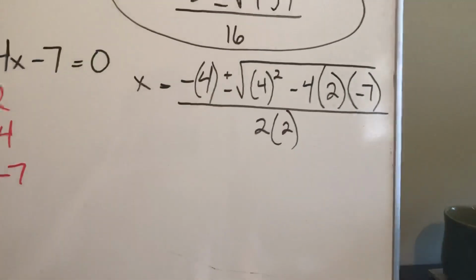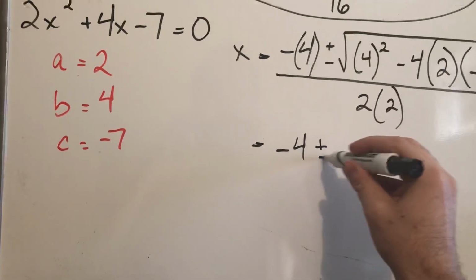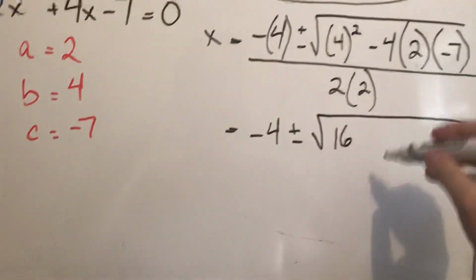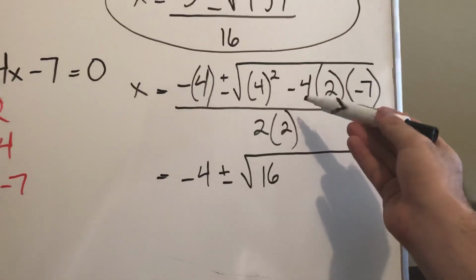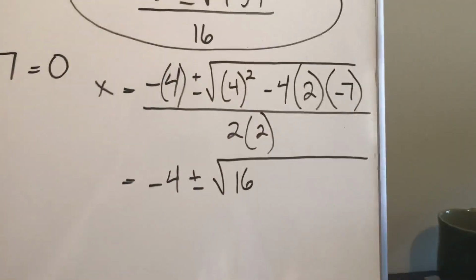Let's simplify. So once again, got a negative times a positive times a negative, so the double negative will give me a positive.